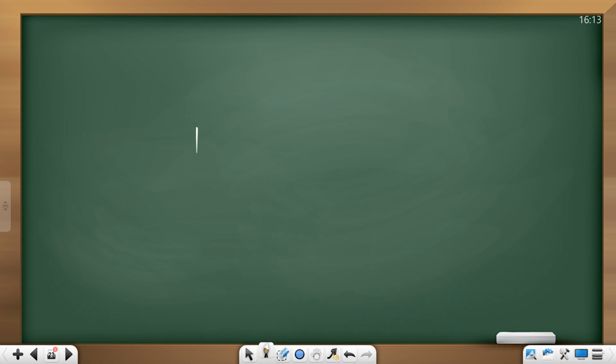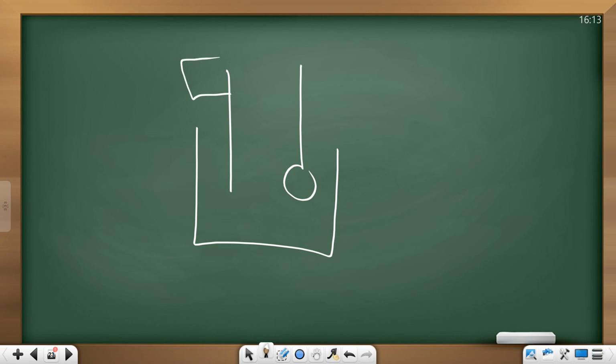So, I have this. I have an AC. This is supposed to be galvanic. Anode is positive. Cathode. All right. Check here. I am supposed to lose electrons. Electrons are supposed to go that way, because electrons will go from the anode to the cathode. Electrons are negatively charged, remember?